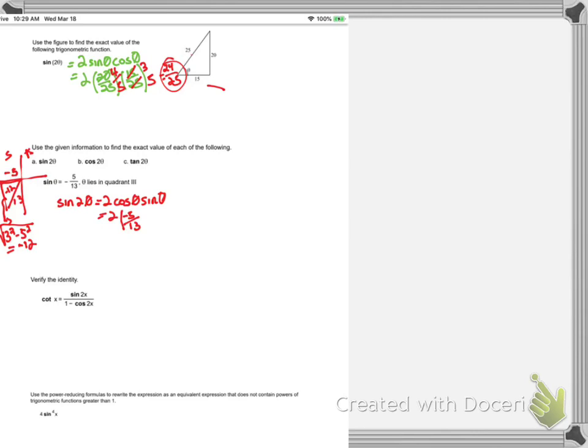You guys saw me do that? I flipped it. I'm sorry. Still the same solving, but these just switch places. This 5 and that 12. This part here, since it's sine, this should be the -5, and this part here should be the -12. Okay, so I did have that right.